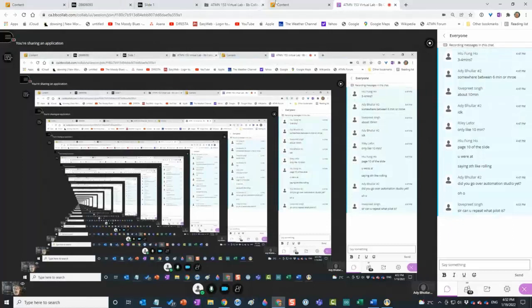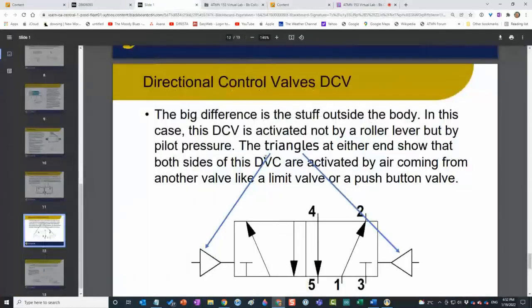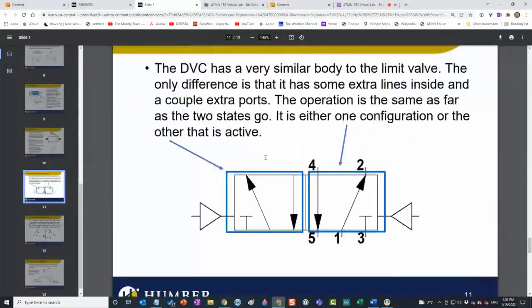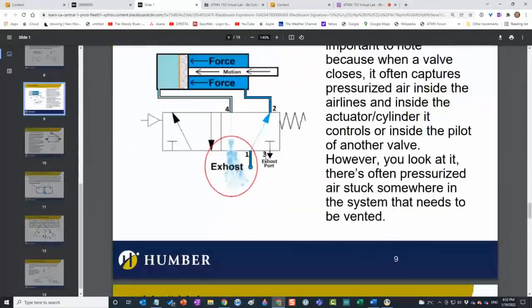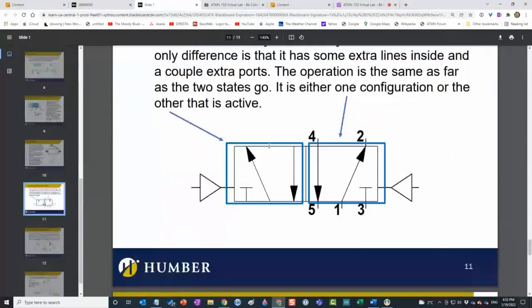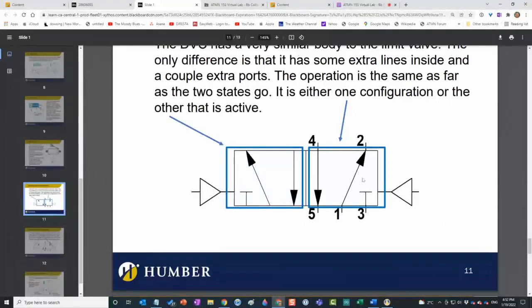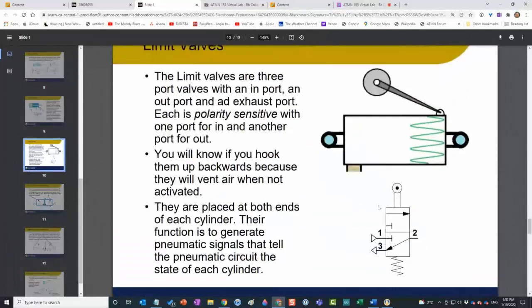Can I repeat what a pilot is? Absolutely. Essentially, what's going on is that a pilot is actually almost a little tiny cylinder inside the valve that, when I put pressurized air in here, physically moves the valve. In this case, I need a physical force to move this.